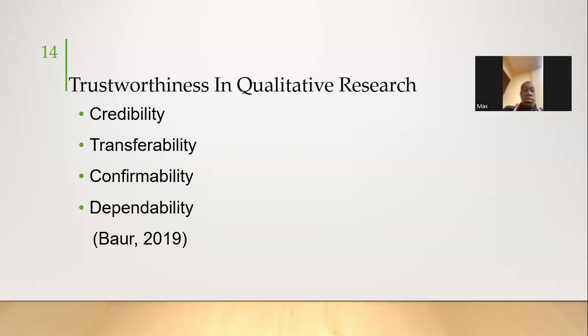We have transferability, which asks, can it apply elsewhere? We have confirmability, which asks, is it unbiased? And we have dependability, which asks, is it consistent? This ensures quality in non-numerical research.